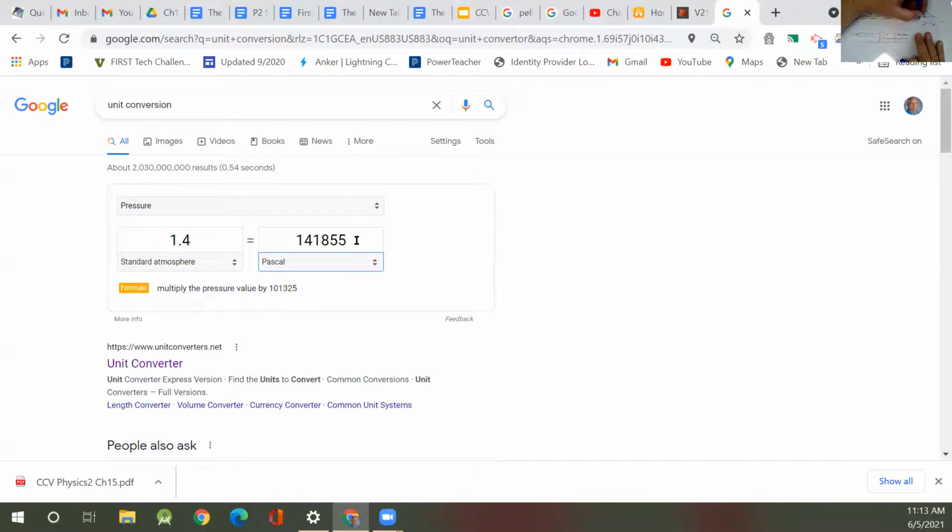I'm just going to write that down. That's newtons per square meter, also known as pascals. And then the other number I want is 2.2. Okay, totally legit to do this on a quiz or test or homework. So 2.23 times 10 to the 5th.